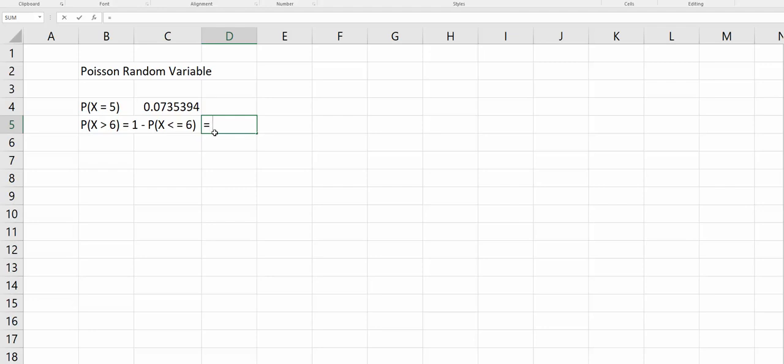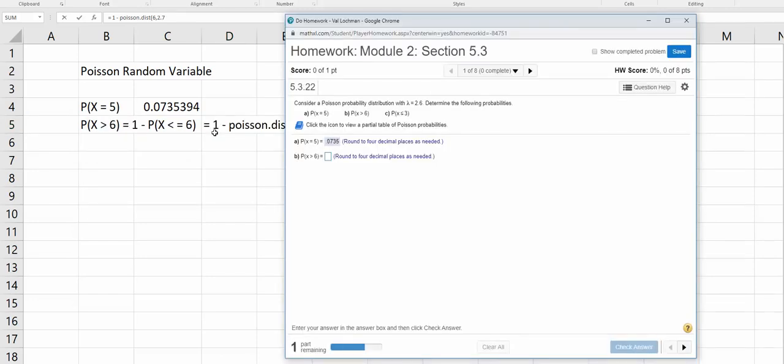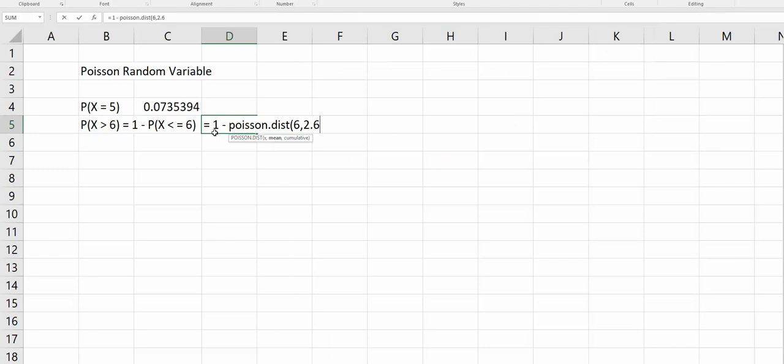So here we say 1 minus Poisson distribution. We go up to 6 with the mean 2.6, and here we say yes, or 1, for cumulative.